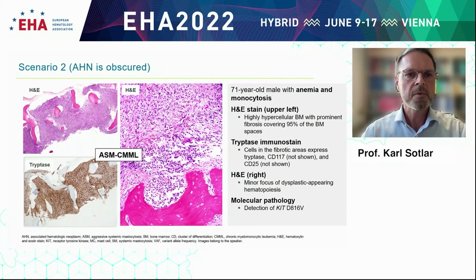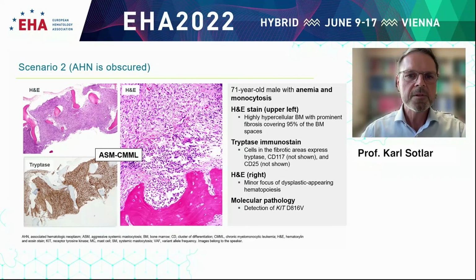Second scenario, you see a bone marrow biopsy specimen with a marked fibrosis and also an osteosclerosis. Using tryptase, you see that there are a lot of mast cells within these reticulin fibers.